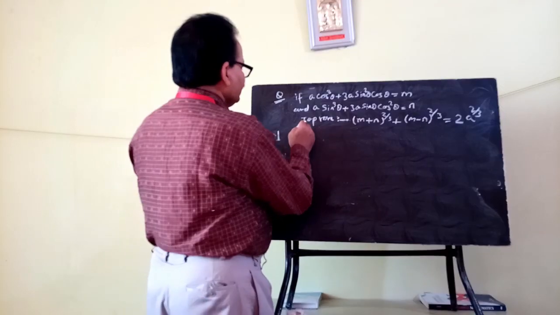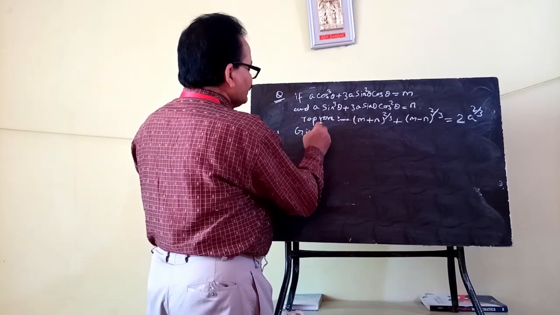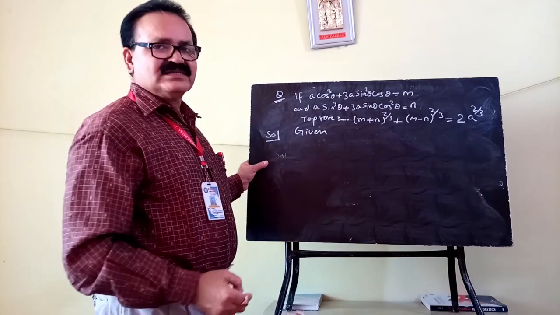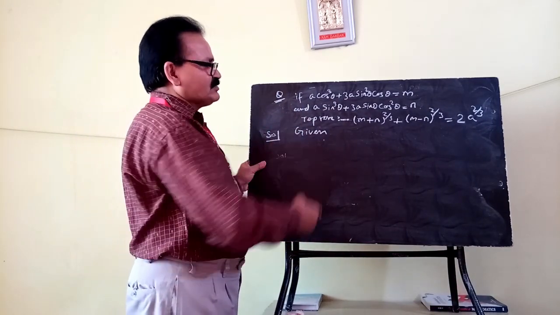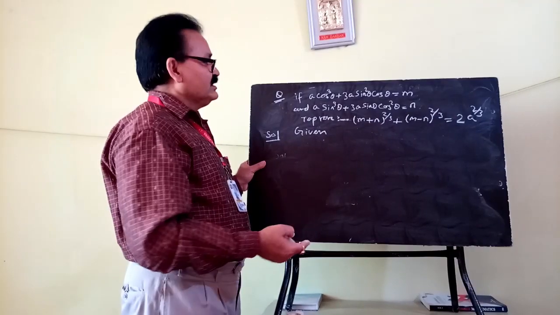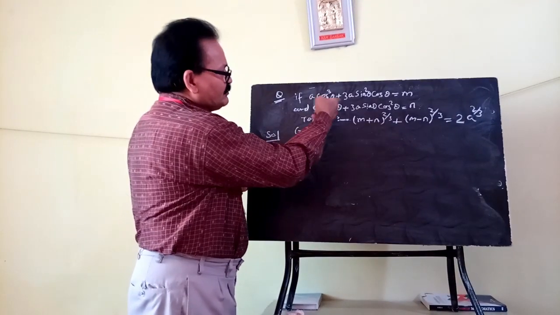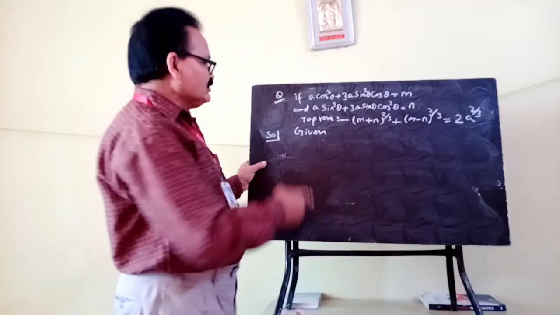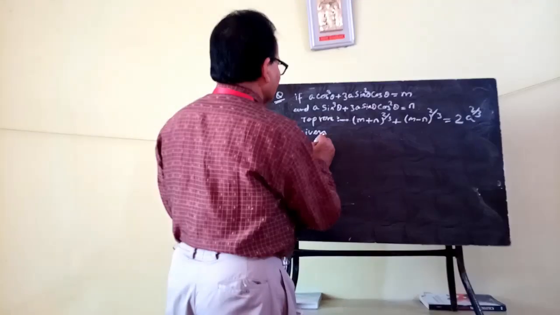Your solution, first you write the given part, because the condition is given. This type of question is also a conditional identity, and you have to eliminate sin and cos, so right now you should write the given part first.